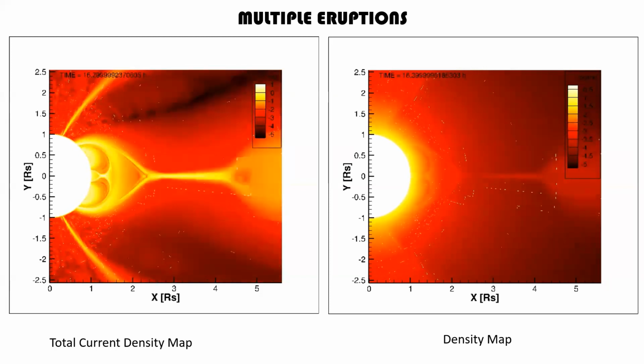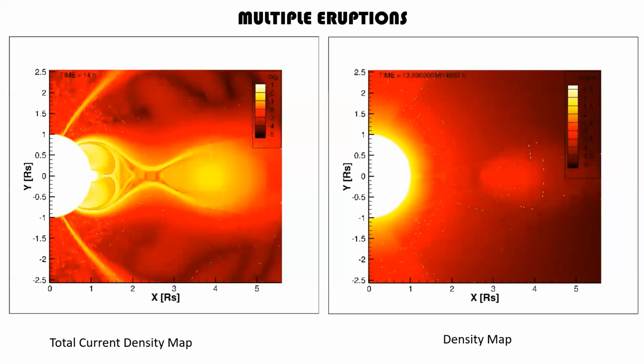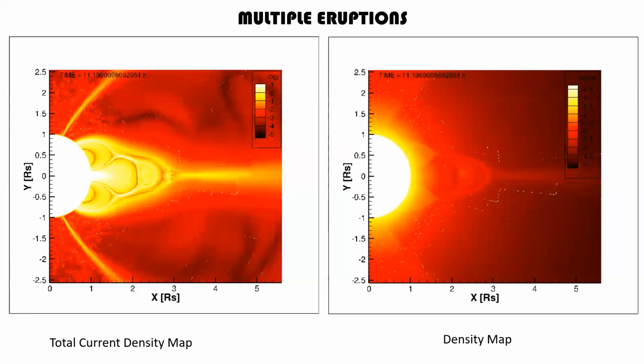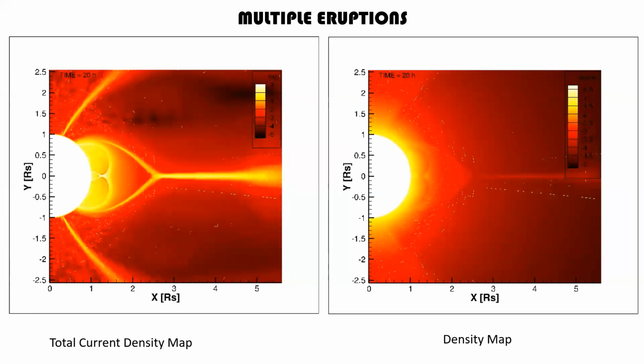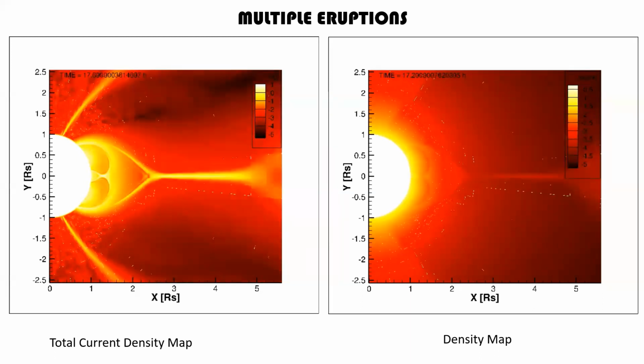So in these different scenarios, we study the different magnetic parameters, similar to the SHARP parameters, like the current helicities and also the magnetic energy in these three different scenarios.